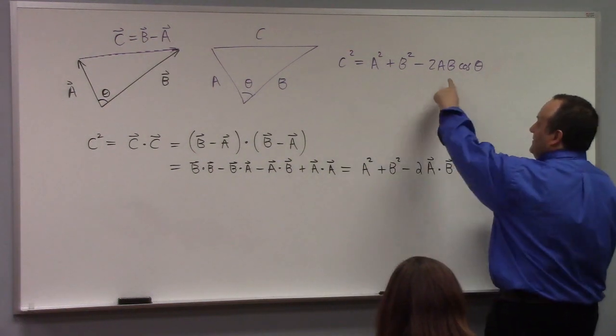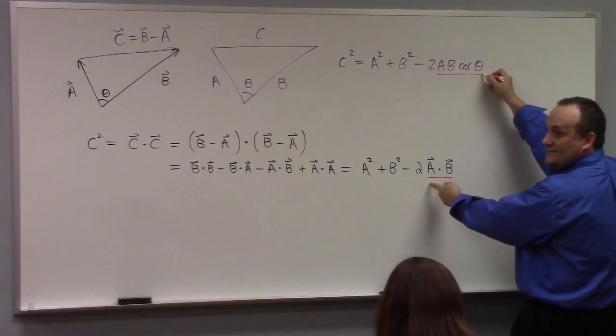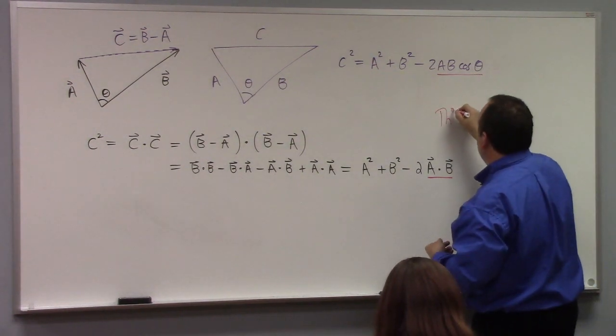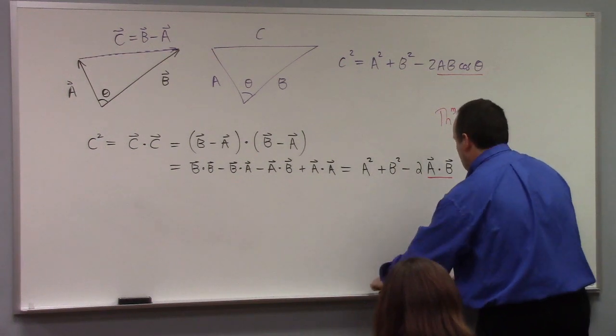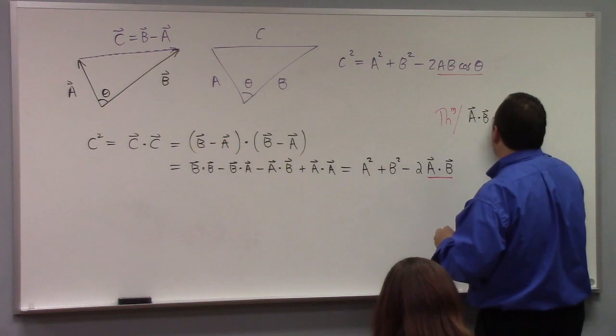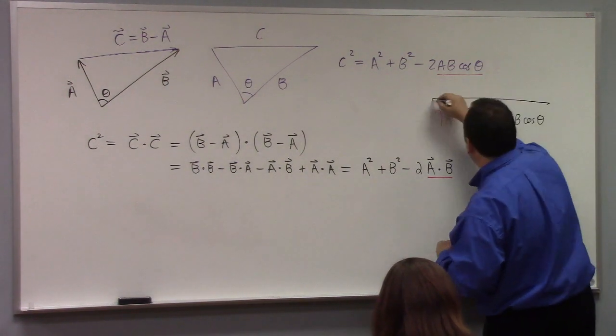C squared is C squared. So what does that mean? These must be equal. Theorem: A dot B is equal to AB cosine of the angle between the vectors.